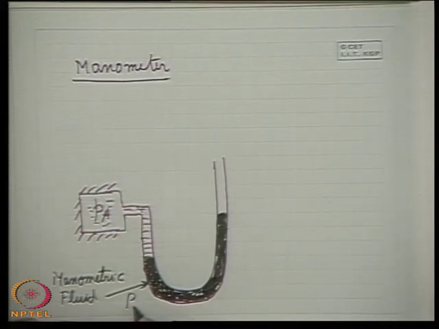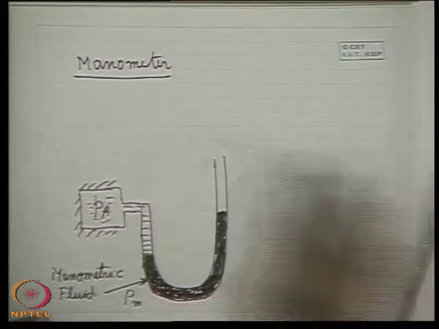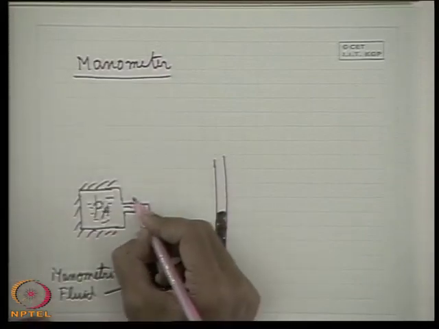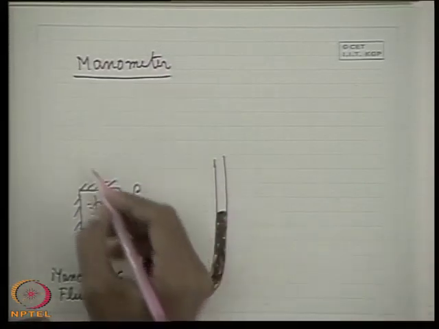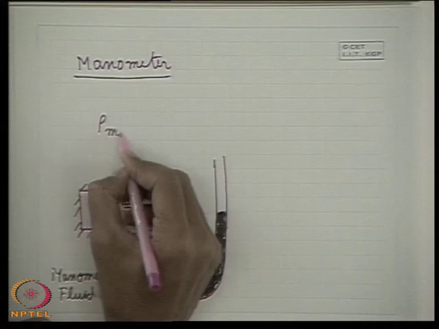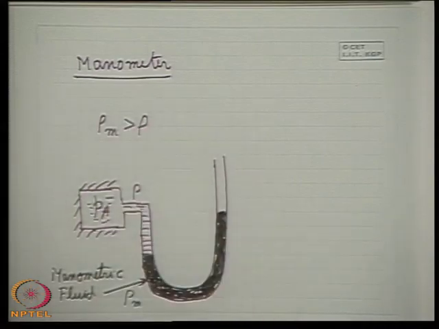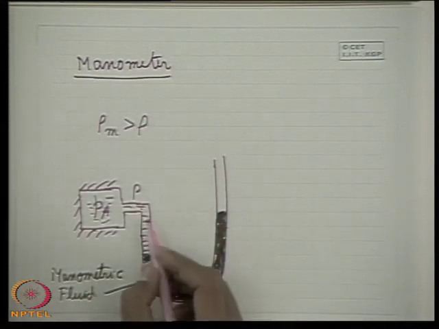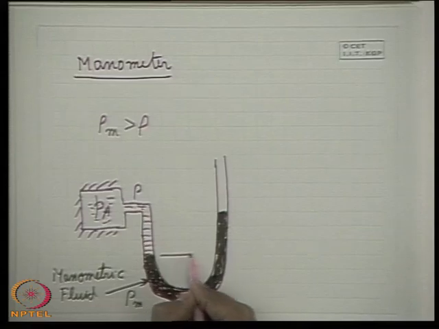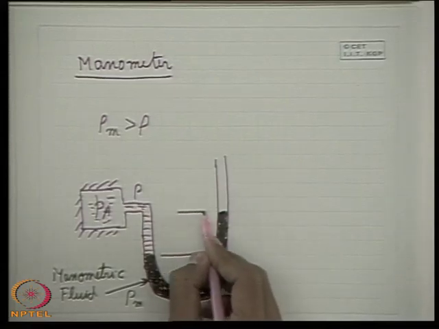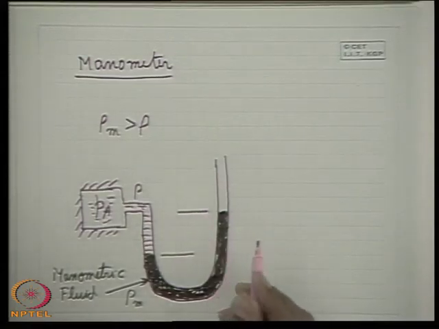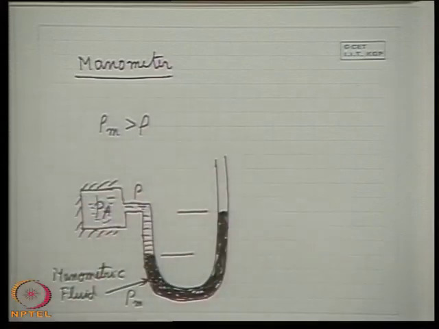Let its density be rho m. Let the density of system fluid be rho. So obviously rho m is greater than rho. Now we define this as y. It may not go up to this height.